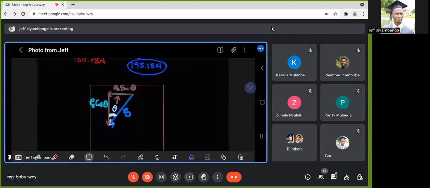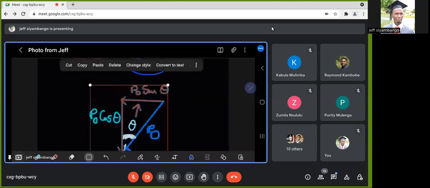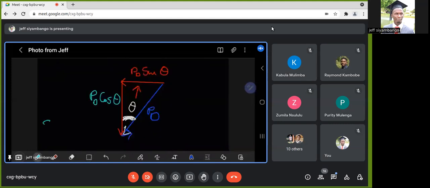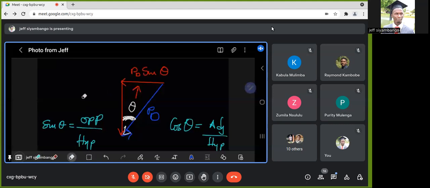And what you want to see here is, let's say sine works with opposite and the hypotenuse. Cos works with the adjacent and the hypotenuse. So all you want to do is compare. If I am looking for the x component here, how does it compare with the angle that I am given? You see that these two are opposite to each other.